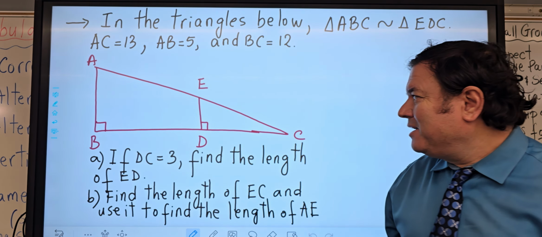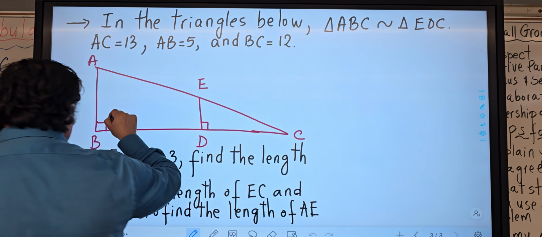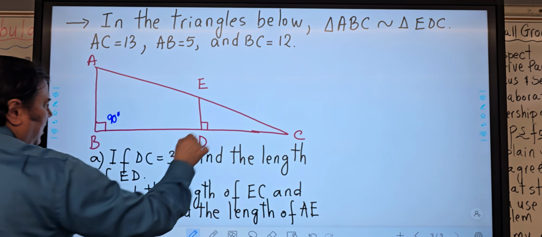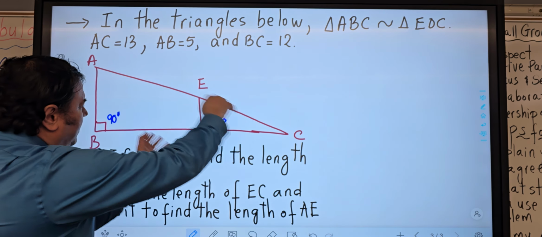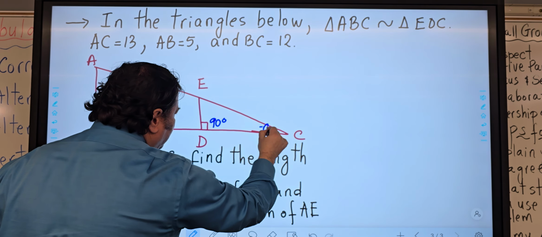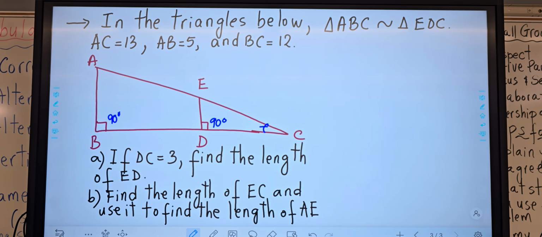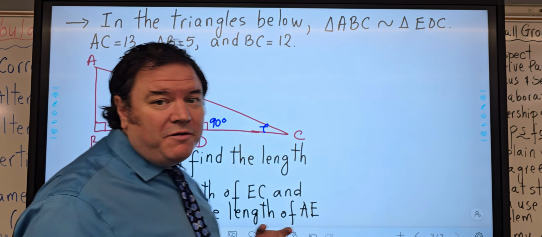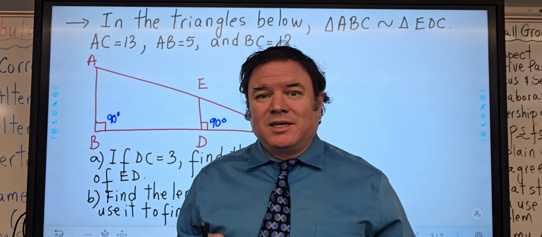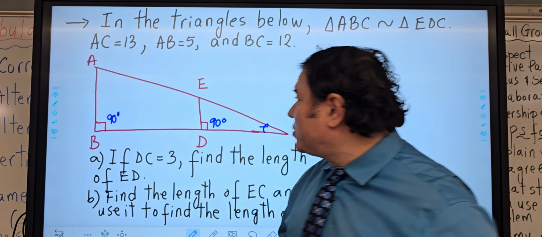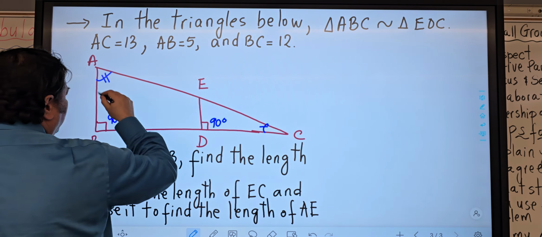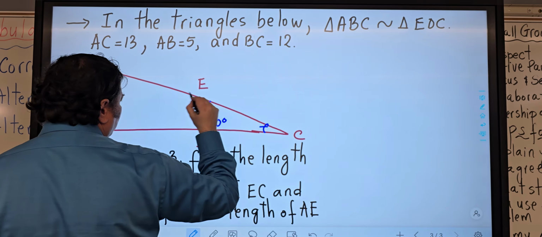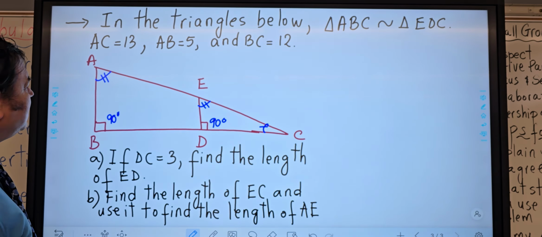They are similar because we have this 90 degree angle here and another 90 degree angle here, and both triangles share angle C. Remember, if two triangles have at least two angles the same, automatically the third angle is also the same. So angle A and angle E are also the same, so those triangles are similar.